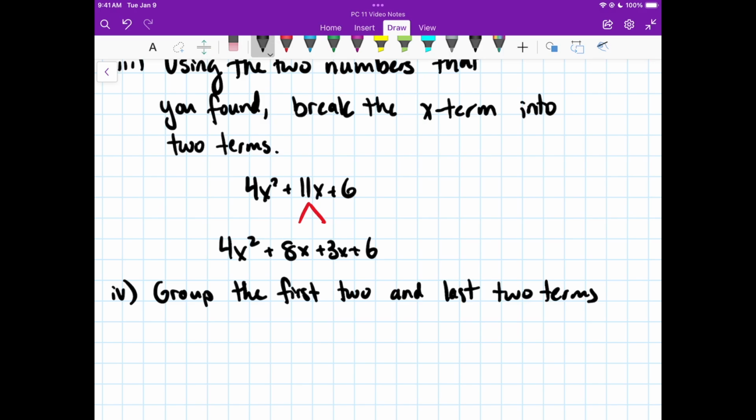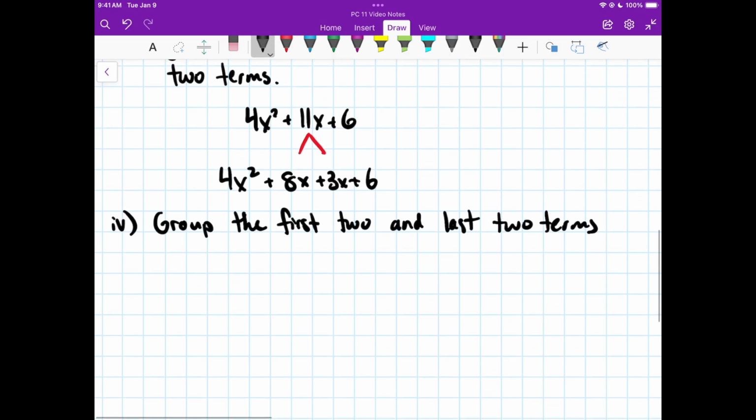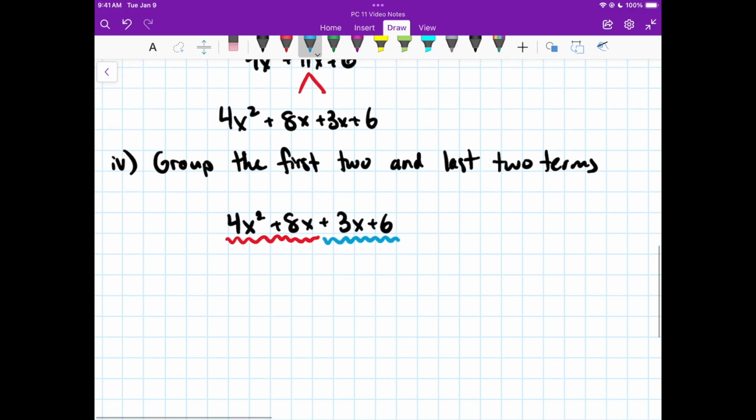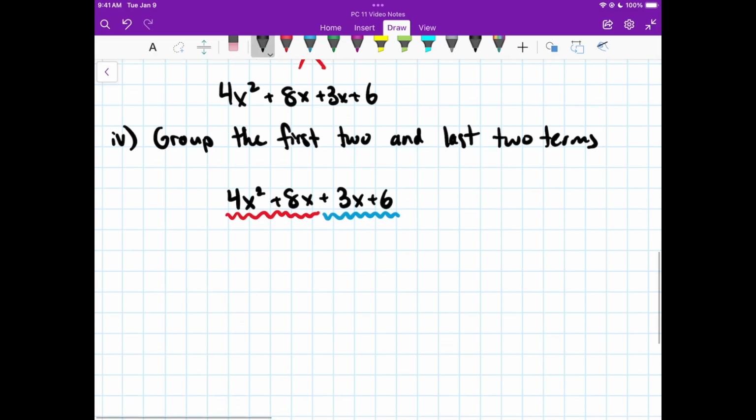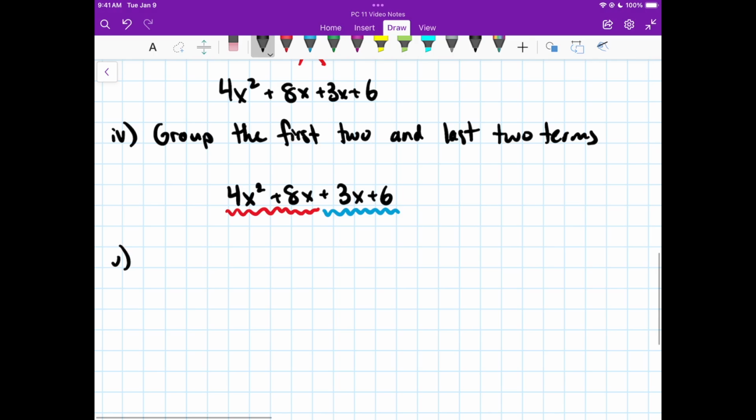You can either just do it in your head or maybe with different color underlining or highlighting or whatever. Just some way to differentiate them to yourselves, whether it's on the page or just mentally. So for me, maybe I'll go with a red underline for those two terms and a blue underline for those two. Looking at those two groups now, we're going to take out common factors from each group.